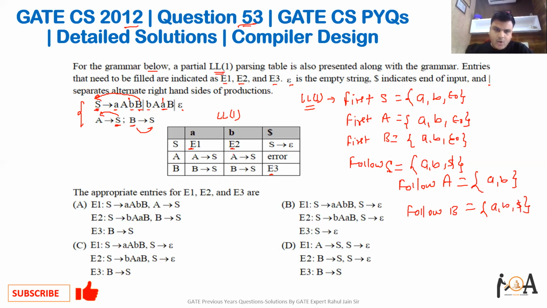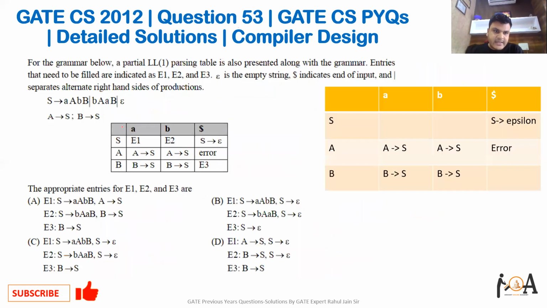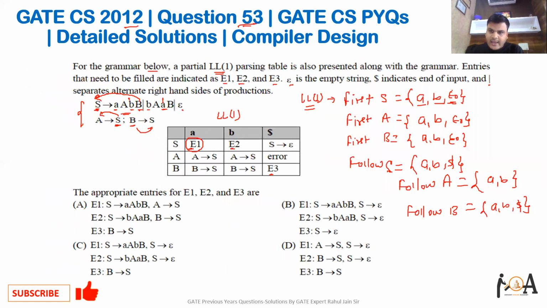Even here I need to place first of S. So first of S is A, B and epsilon. So whatever transition I have started from this one, that is AABB, this AABB I will put here, that S derives A, A, B, B. And S derives epsilon will always occur here because we have epsilon in first of S. On the transition of A we have put this.